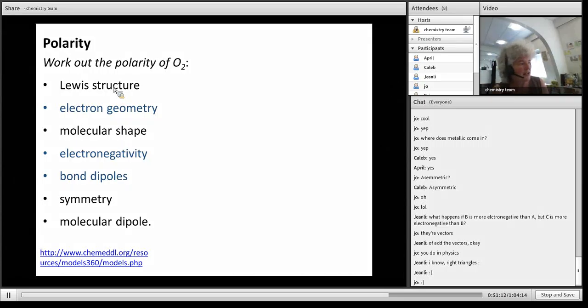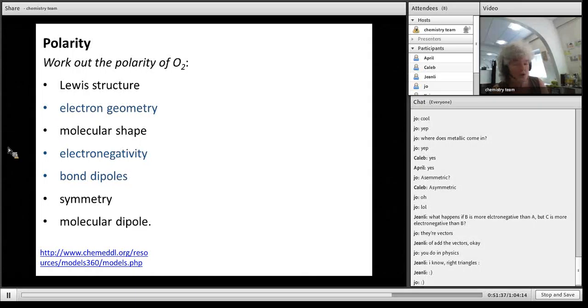Then you look at the electron geometry, then the molecular shape, okay, because you want to know, is that shape symmetrical or not? Remember, try and see it in 3 dimensions. So water may look symmetrical if you cut it in half vertically, but of course it's not the same at the bottom as on the top, so it's not symmetrical.